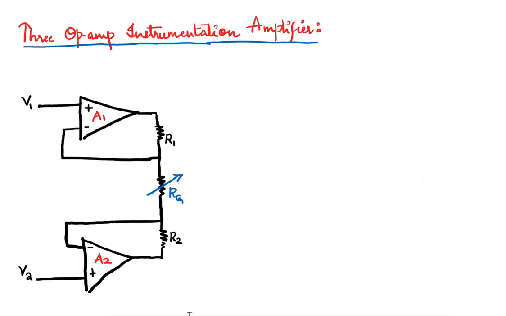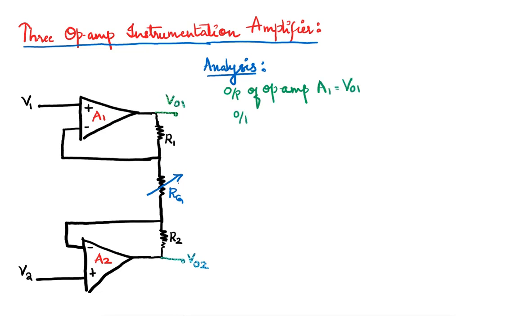For the analysis purpose, here we will consider only the first part of the circuit, having the op-amps A1 and A2. I am going to label the output of the op-amp A1 as VO1 and op-amp A2 as VO2.